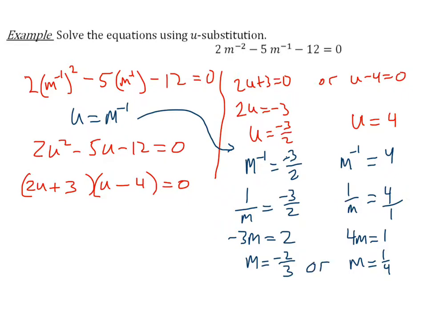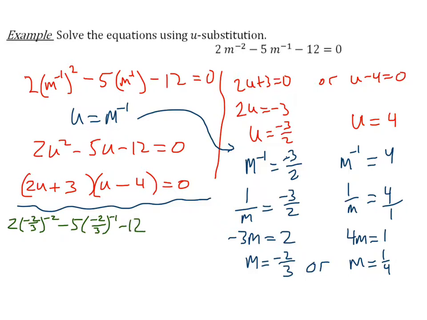Okay, and let's come over here to check this out. So we've got 2 times negative 2/3 to the negative 2 power minus 5 times negative 2/3 to the negative 1 power minus 12.